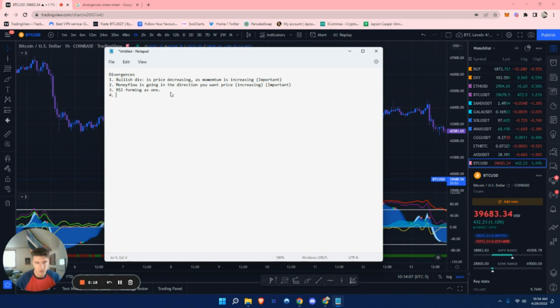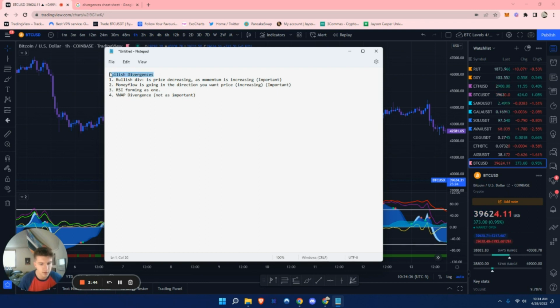And then fourth, VWAP divergence. Not as important. Don't get confused with the VWAP. Don't look at it too much as a beginner. Really just the momentum and money flow are the two things you want to be looking at with this. So I'll name this Bullish Divergences.